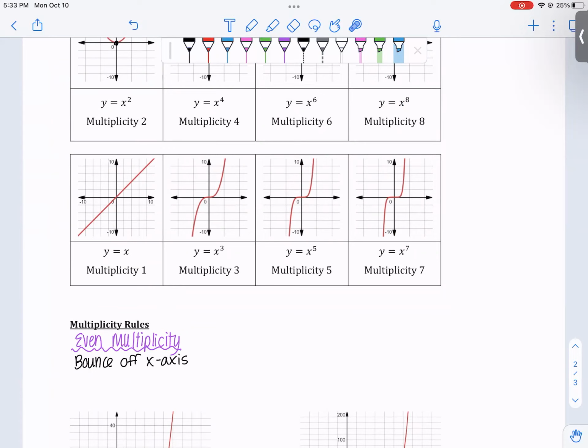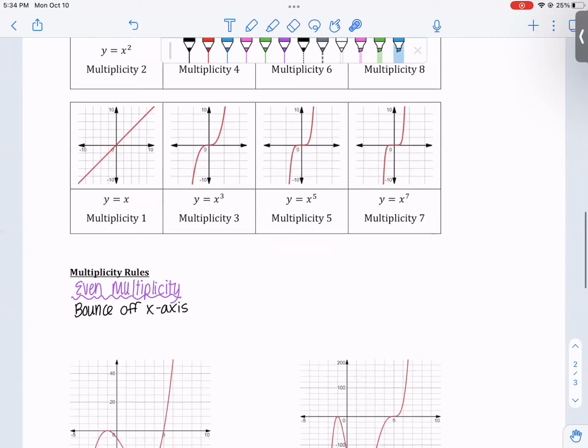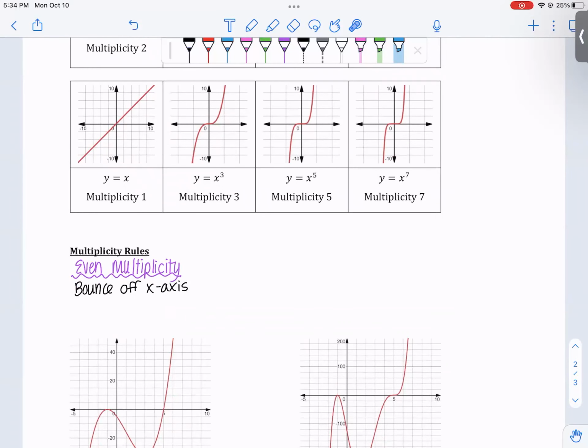When I say 0, you want to be thinking x-intercept. That's the reason I'm talking about the x-axis here, because that's where its x-intercept is. So if something is a 0, that is where the function touches the x-axis. So even multiplicities are going to bounce off the x-axis.